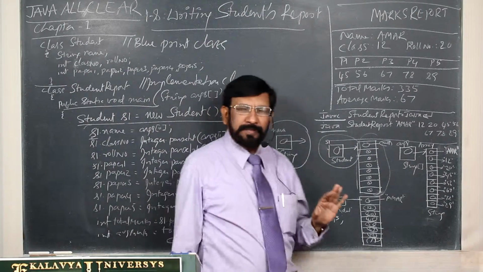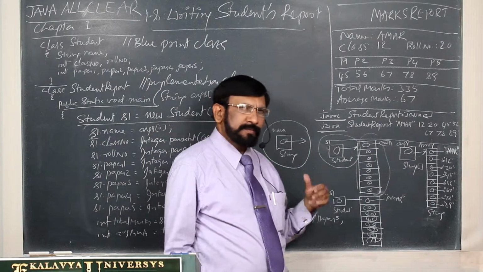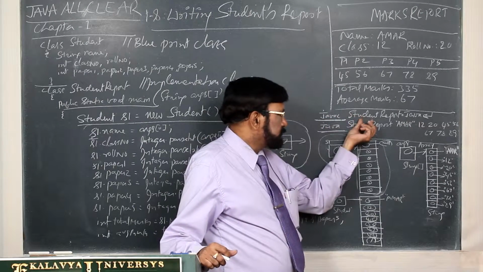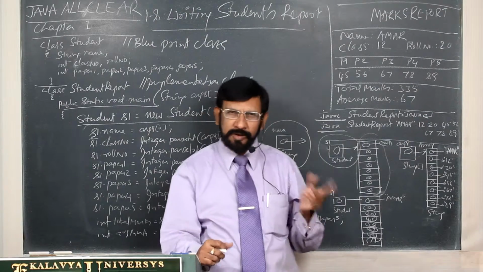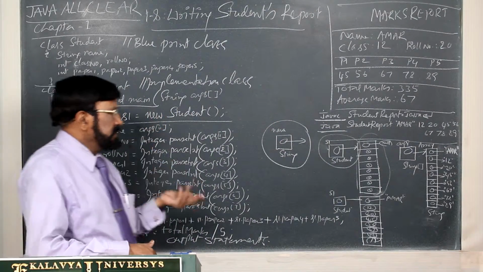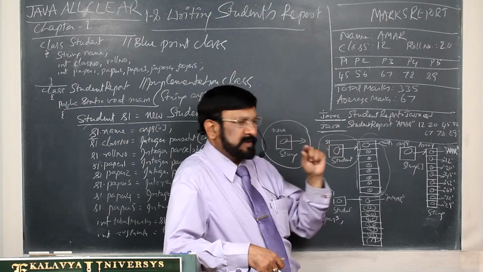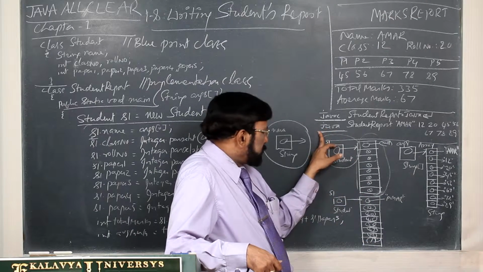Now, okay, you have written complete program, and thereafter you have to compile. For compilation, say javac StudentReport.java, enter key. Then if there are no errors, assume that there are no errors, then it is successfully compiled. Dot class file is created. Thereafter you have to interpret it.